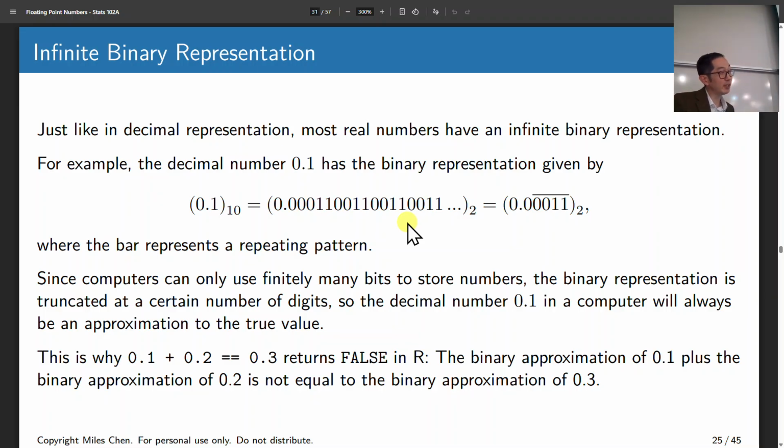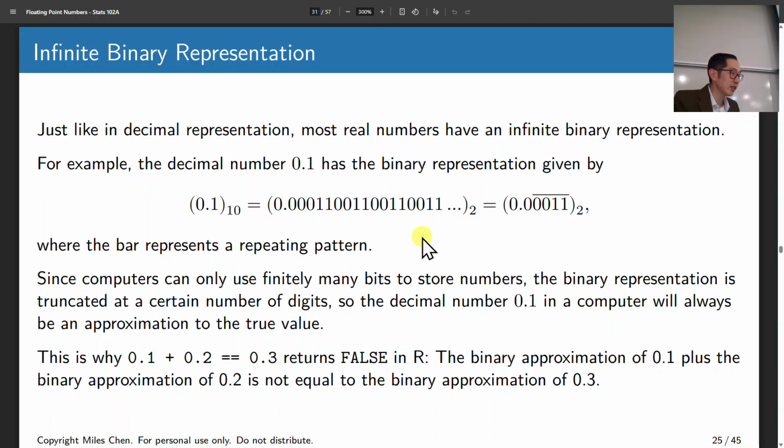Similarly, in binary, most values have an infinite representation, and even values like 0.1, 1/10, have an infinite binary representation. It's 0.0001100110011 with 0011 repeating on forever. That's how you'd represent the value 1/10 in binary.